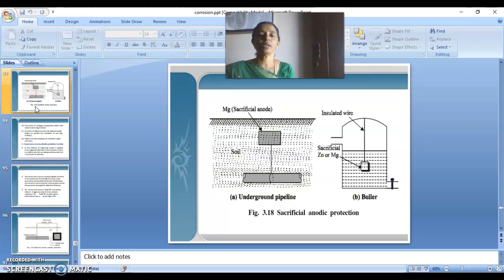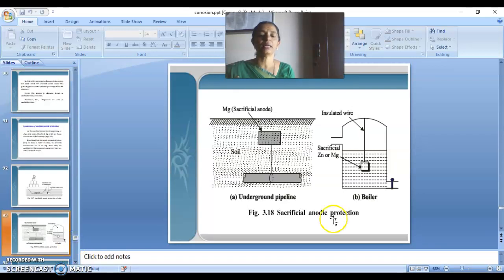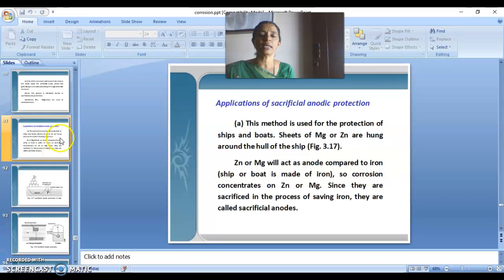One more example we can give here: an underground pipeline is connected with the same more active material. And here the boiler. The boiler is also prone to corrosion because of saline water. Here also it is connected with the sacrificial anode method.